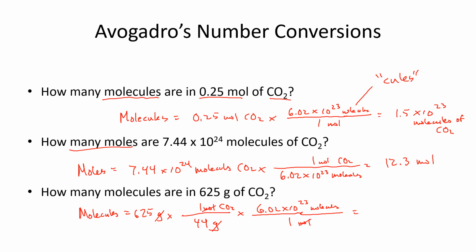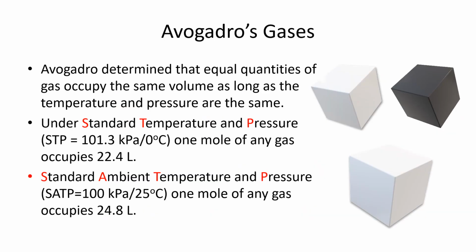And so what do we got here? 625 divided by 44 times 6.02 times 10 to the 23 is 8.55 times 10 to the 24th. And that would be molecules of CO2.